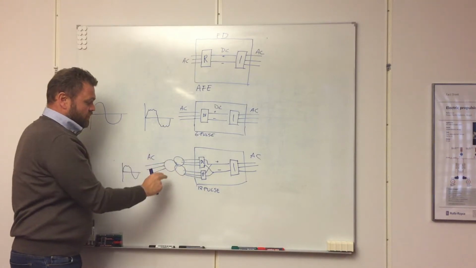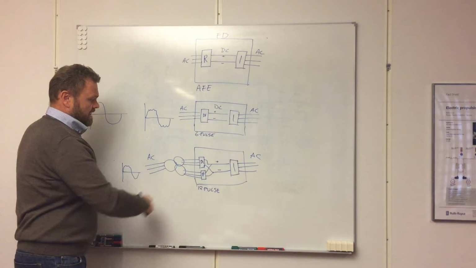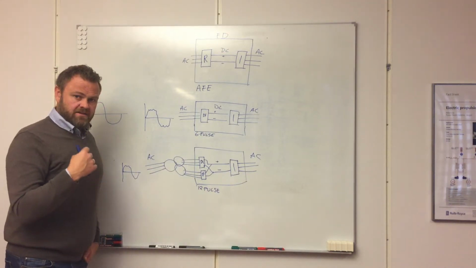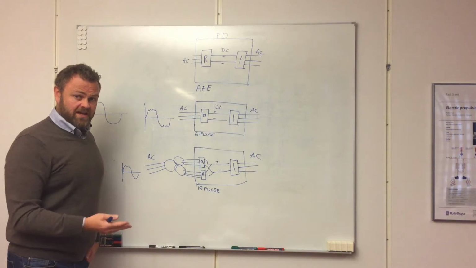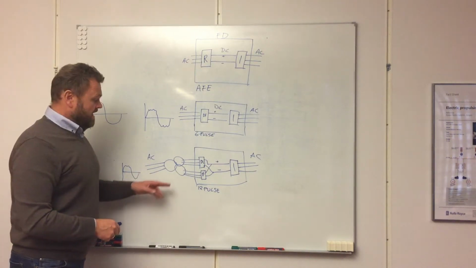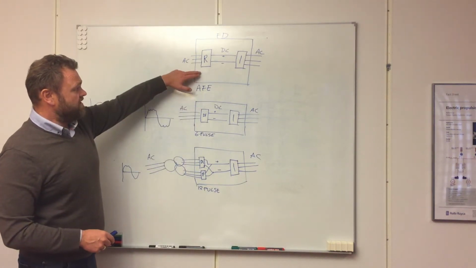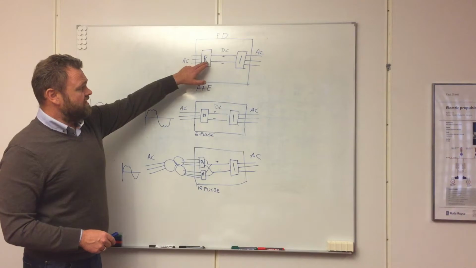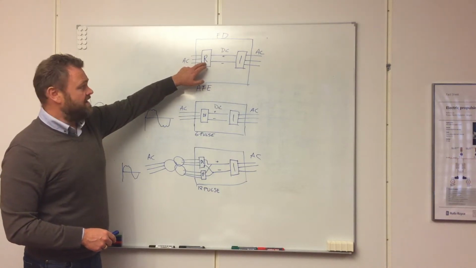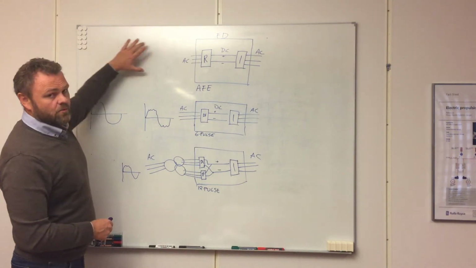So then we could introduce the transformer. The transformer would add weight and space into the vessel, and we can avoid the transformer by this solution, because the active rectifier is really keeping the voltage clean on the network.